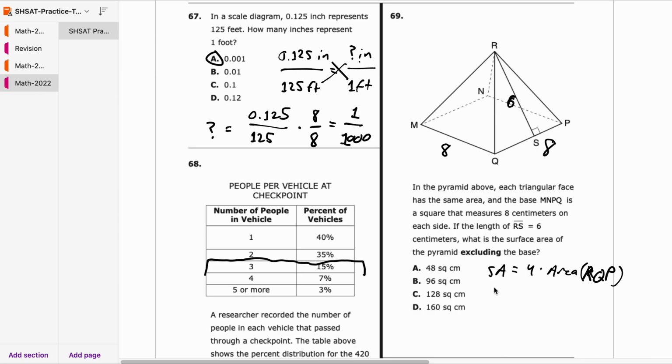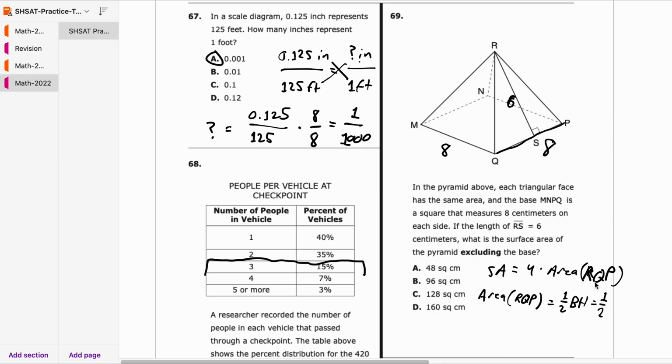So let's now focus on finding the area of RQP. We know that the height of this triangle is 6. We know that the base is 8. So therefore, we can solve for the area of RQP. It's just 1/2 base times height.